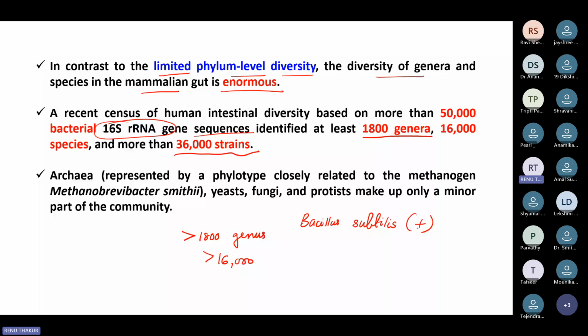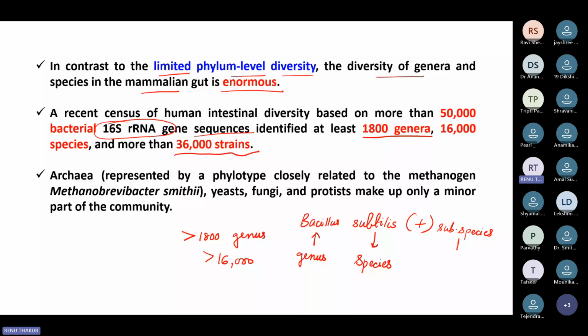Bacillus is the genus and subtilis is the species. Many times you have read that a subspecies is also mentioned.